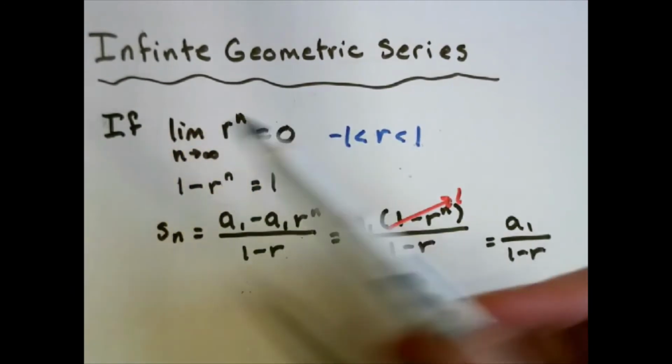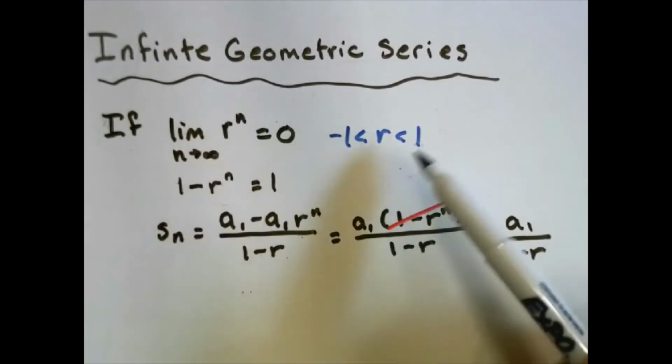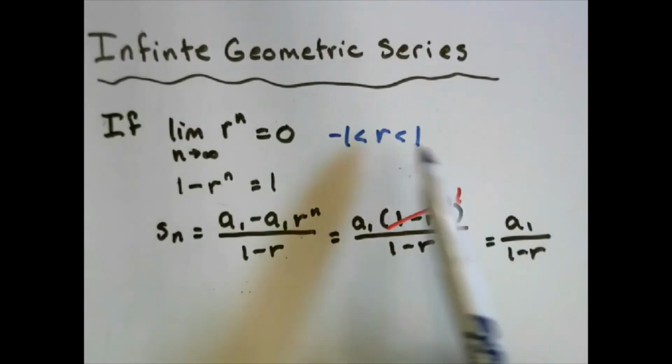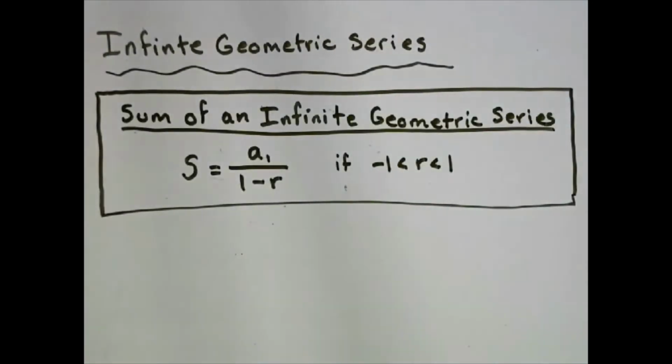If I have something like 2/3 raised to the nth power, it's going to get infinitely small. Versus if I have something like 3/2, then it's just going to keep getting bigger and bigger. And this piece will not go to 1, so we can't find the sum. So the sum of an infinite geometric series is this only if this condition is met.